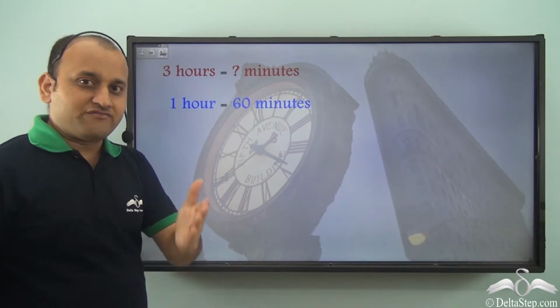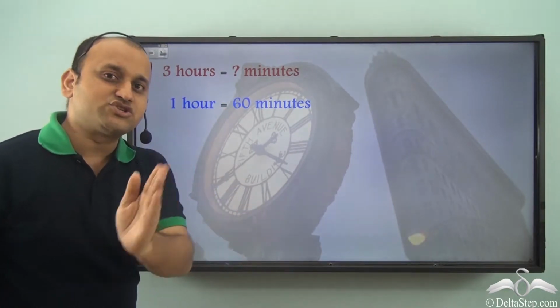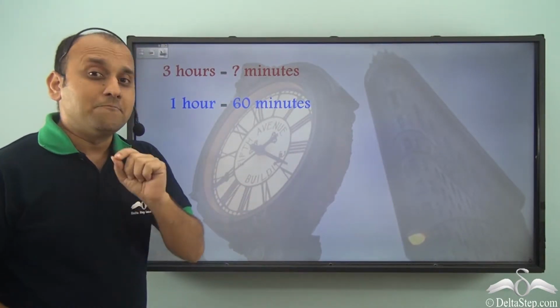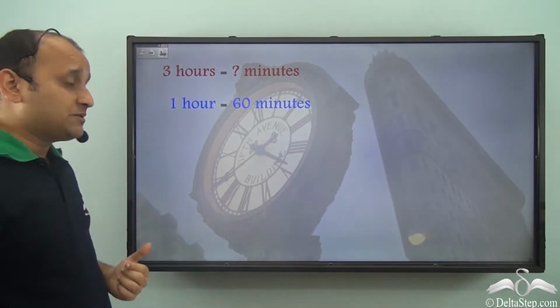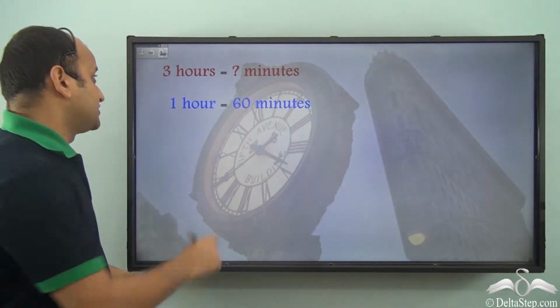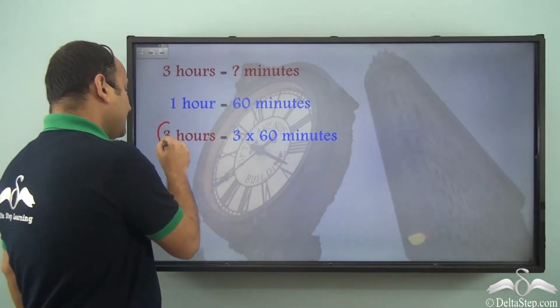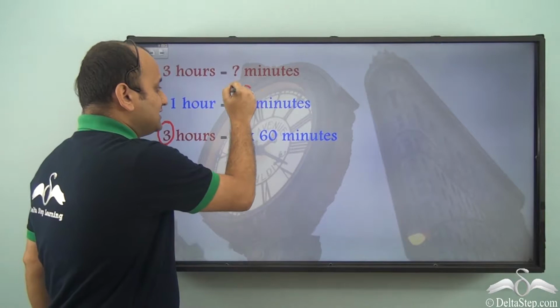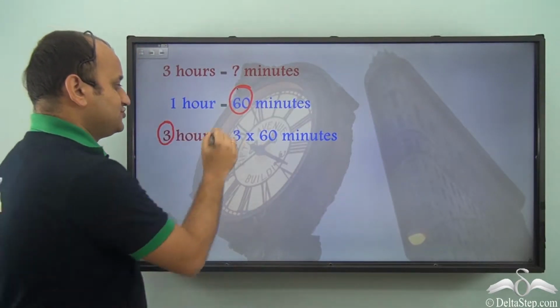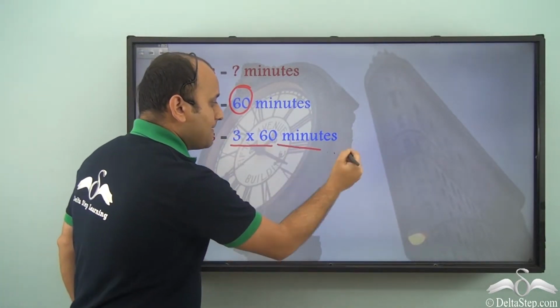So what do we do when we are converting from larger unit to smaller unit? Well, we multiply. So what do we multiply with? With the conversion. So 3 hours will be 3 into 60 minutes.